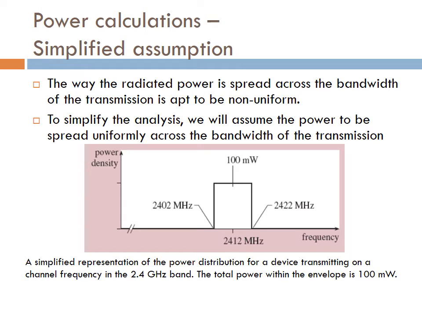Hence, the power density within the envelope is 100 times 10 to the power minus 3 to express it in watt, divided by 20 megahertz, times 10 to the power 6 to express it in hertz. The ratio will be equal to 5 nanowatt per hertz or 5 milliwatt per megahertz.